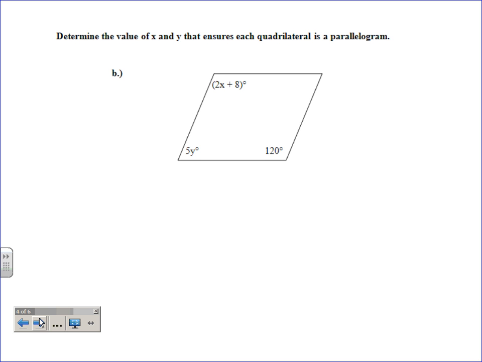On this one, determine the value of x and y. Well, this one's a little trickier. How are we going to go about this? Okay, yes.